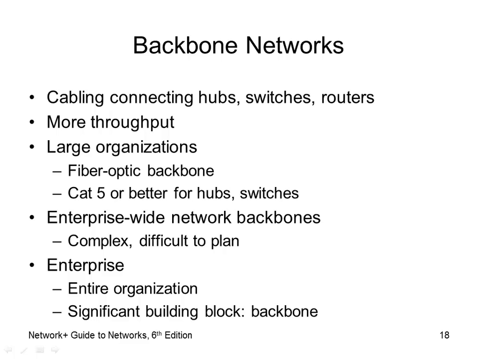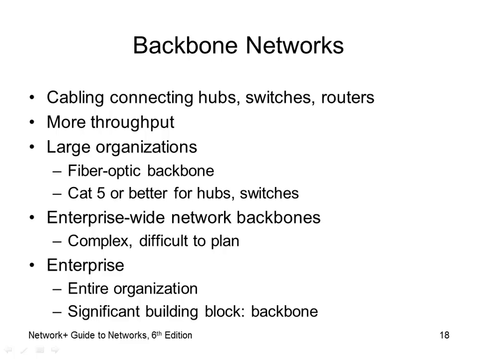All right, then we've got our backbone networks. And the backbone is where the routers and the switches are all hooked together. Generally, the backbone has more throughput because it's carrying the data from more than one user. In large organizations, you're going to have a fiber optic backbone. Here on the campus, the backbone between the buildings is fiber optic.